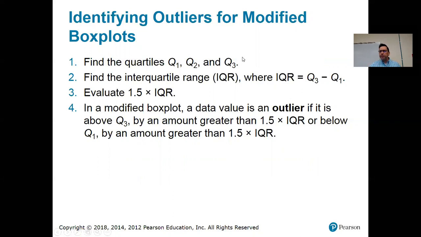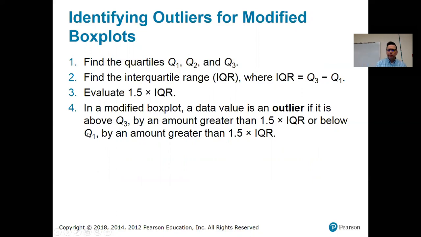And for purposes of a modified box plot, we're going to define an outlier to be anything that is either this amount above the third quartile or this amount below the first quartile. Anything above would be considered extremely high. Anything below would be considered extremely low.